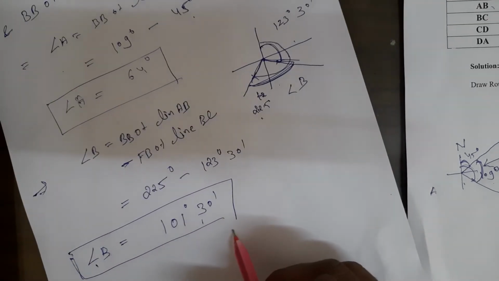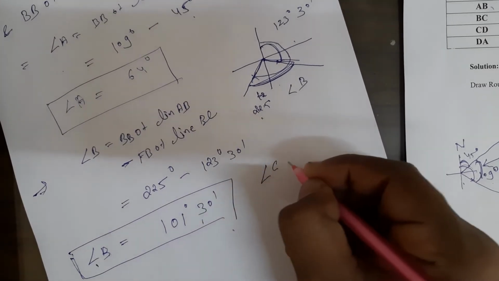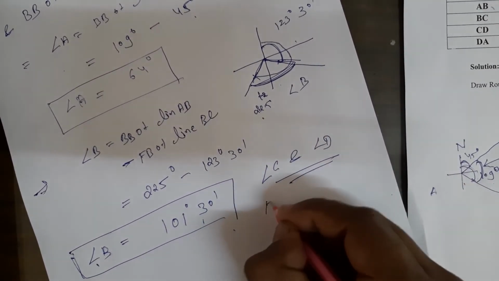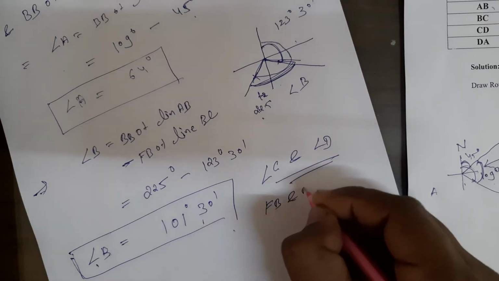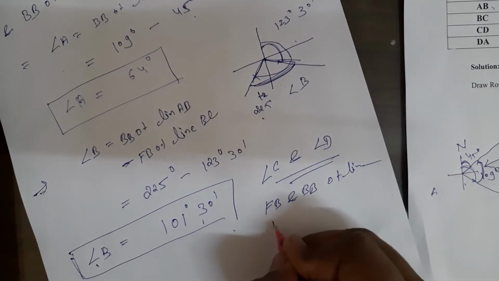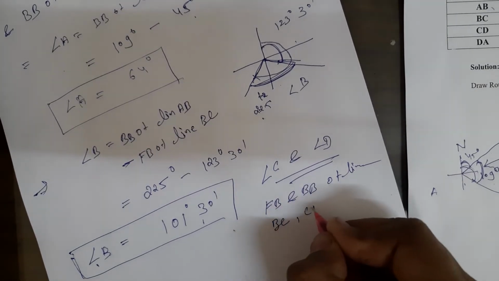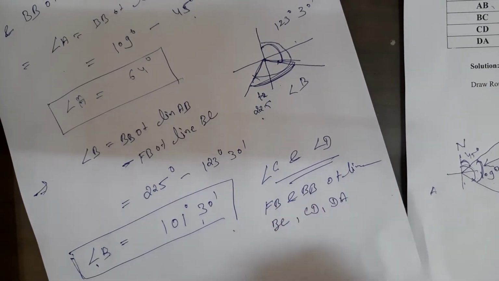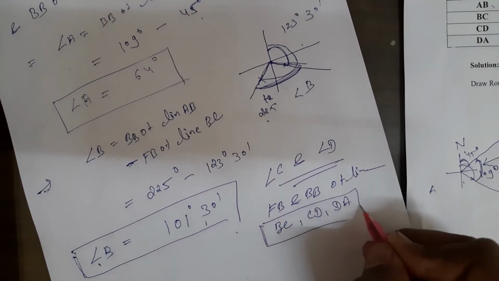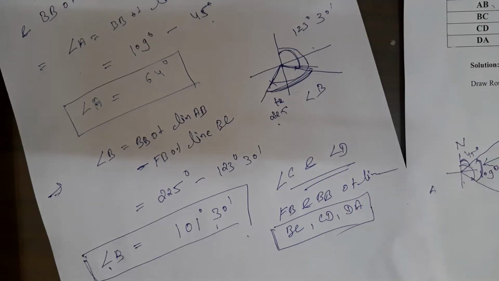Now calculate angle C and angle D yourself using the forward bearing and back bearing of lines BC, CD and DA. For that you need to use these three lines' back bearing and forward bearing. Understood?